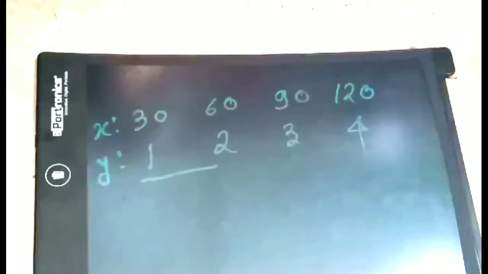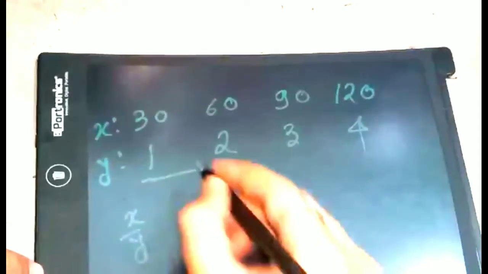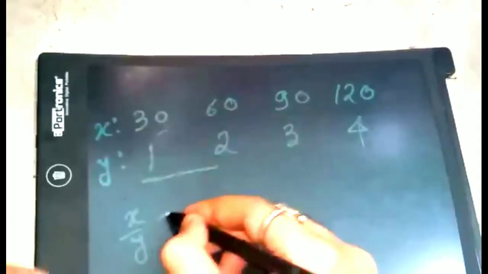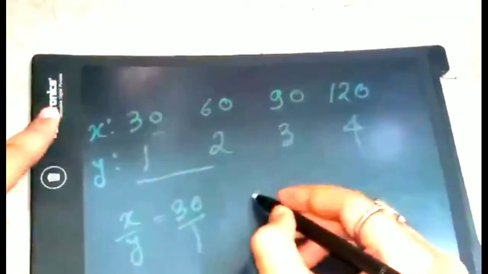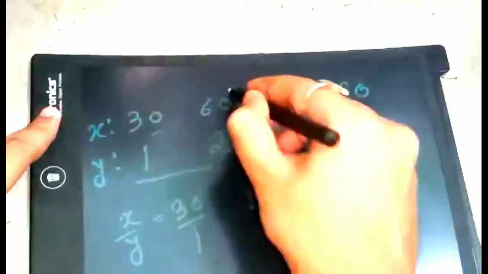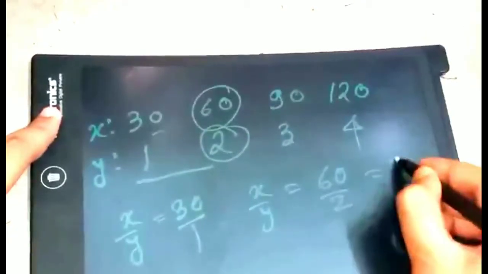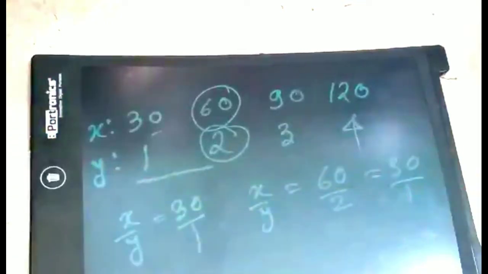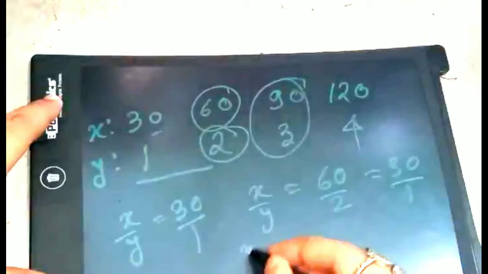Moreover, if you observe one thing, you will find that x by y at every instant, when you take the first values, is 30 by 1. Again you take the second value, x by y, 60 and 2, that is 60 by 2. This is also 30 by 1. Again for the third instance, x by y becomes 90 by 3.